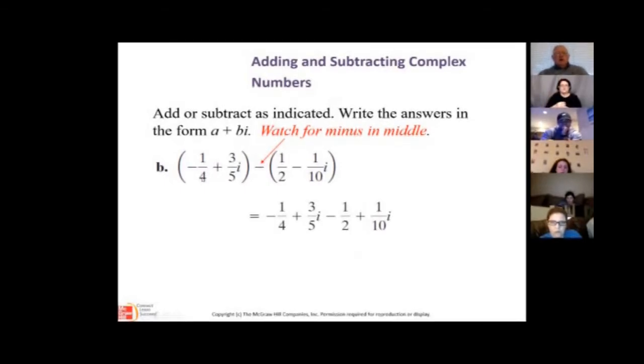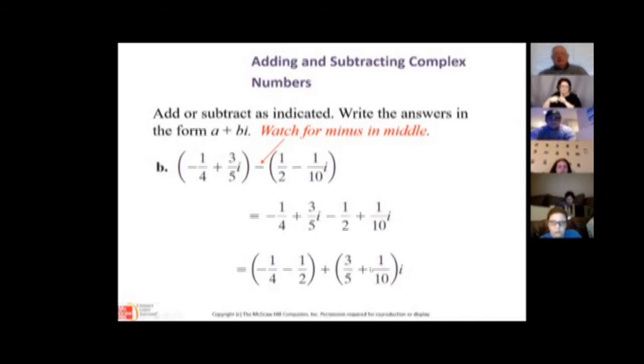So we've got -1/4 minus 1/2, and then the 3/5, and minus a negative gives you a positive on this, and then they just undistributed this i out of the 2 sets.